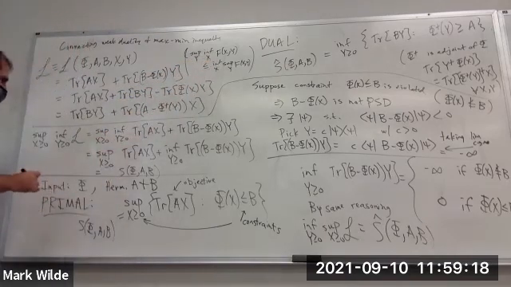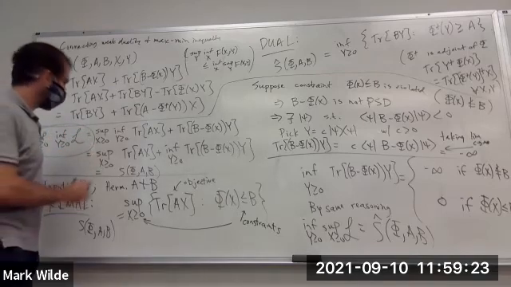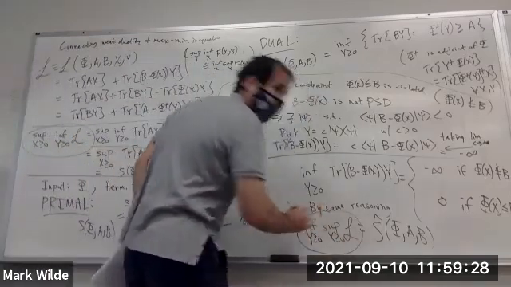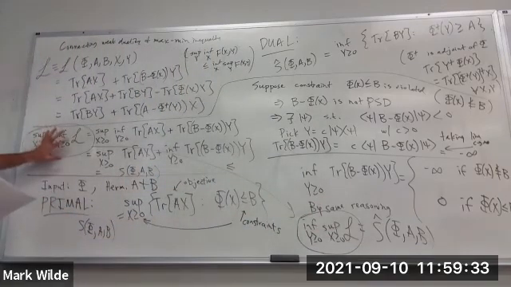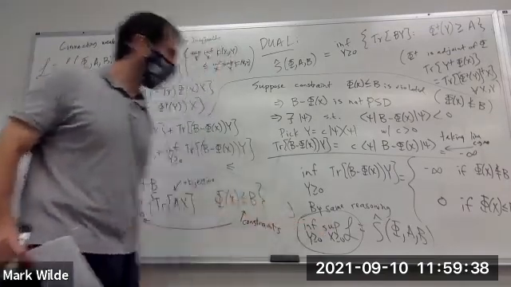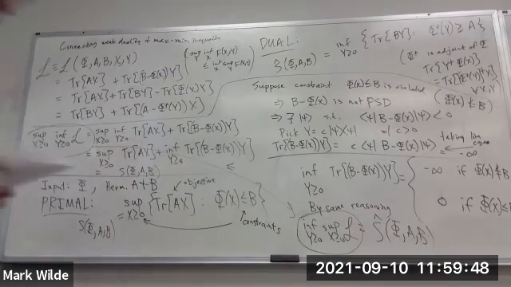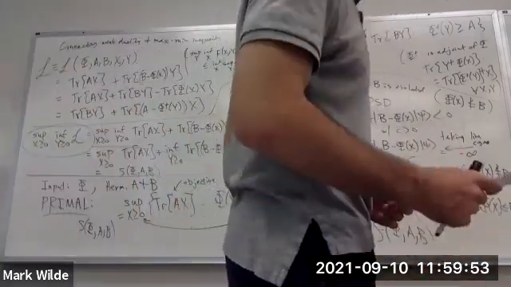That means that this one is always less than or equal to this one. Right. This optimization with this order is always less than or equal to this optimization by max-min. That's the same statement as weak duality. Okay. So that's it. Actually, we went 10 minutes over.